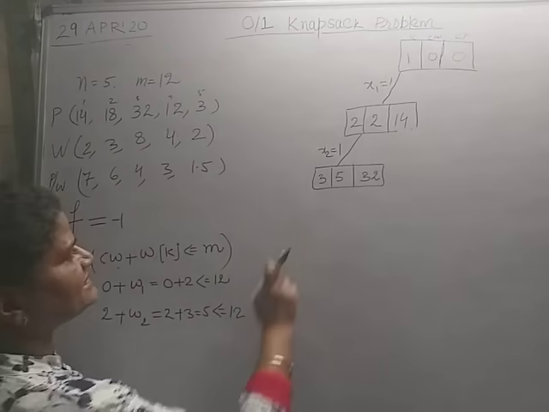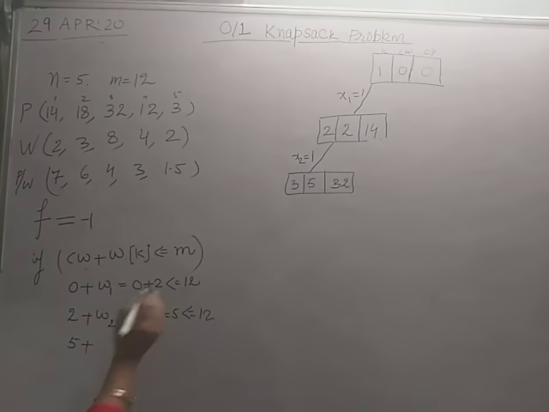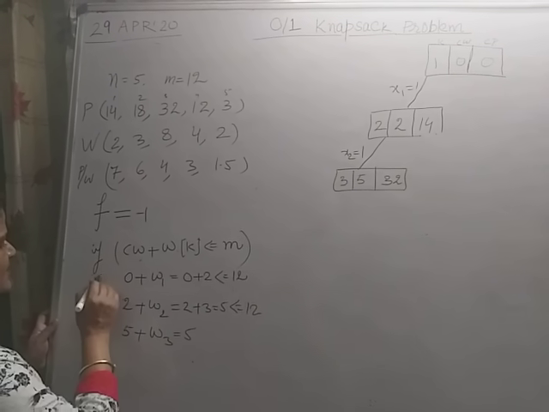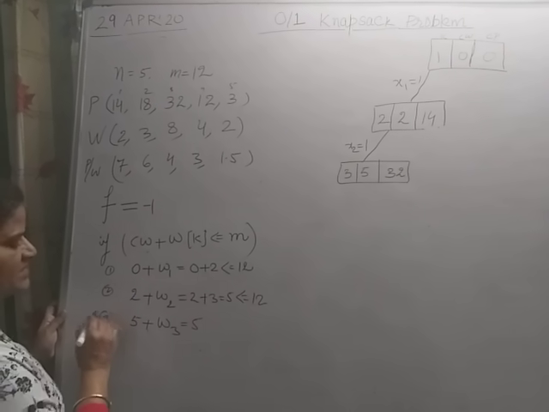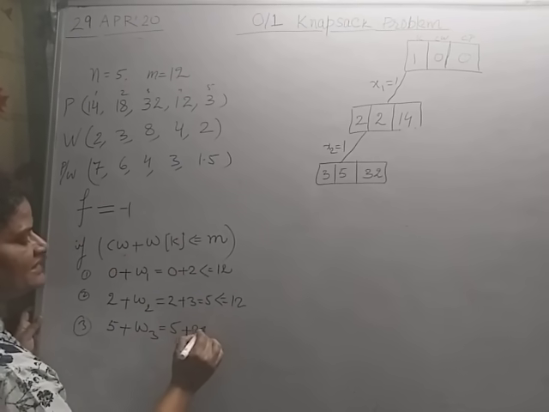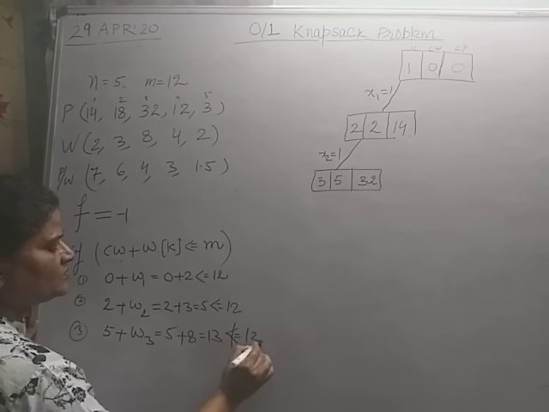Now the next check: CW is 5, 5 plus W3. This is the first one, this is the second one, third object W3. 5 plus the weight is 30, which is not less than or equal to 12.